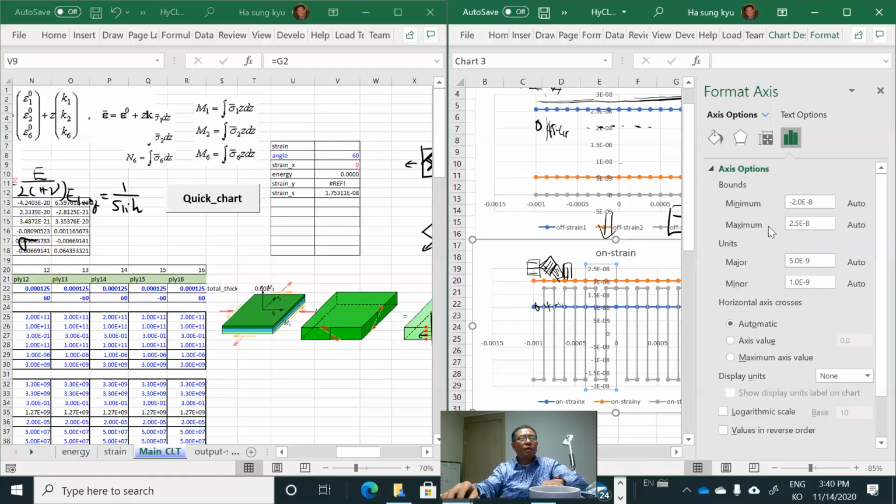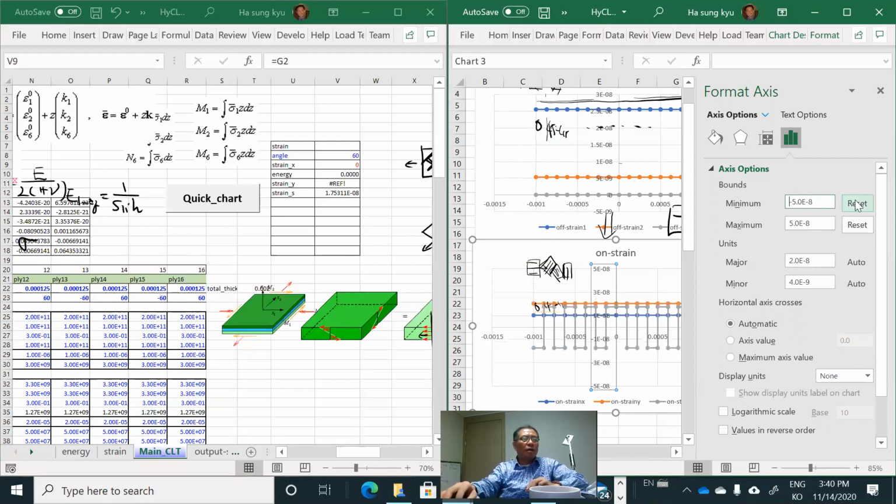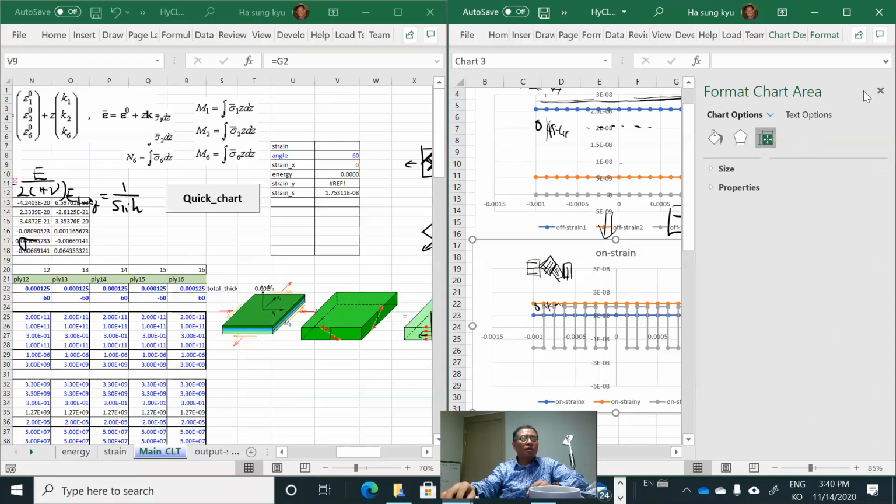I'm going to keep this at maximum, keep them constant, so that we can fix the coordinate.